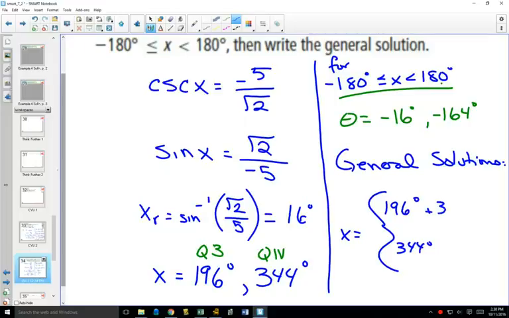And now we'll add 360 times k, where k is an integer.